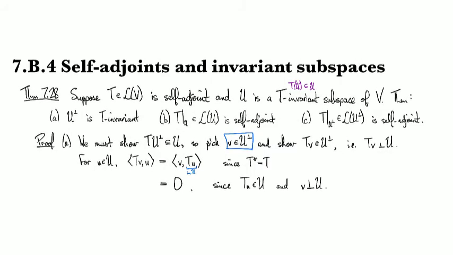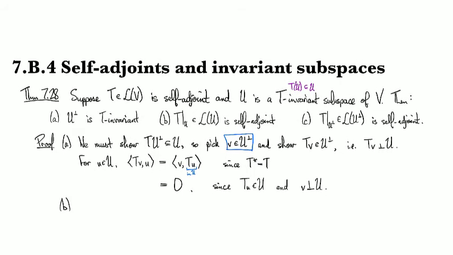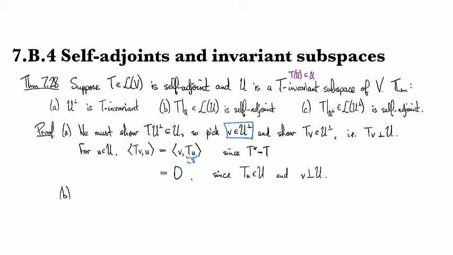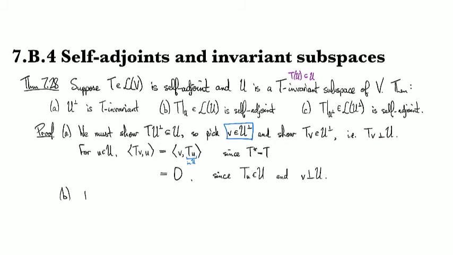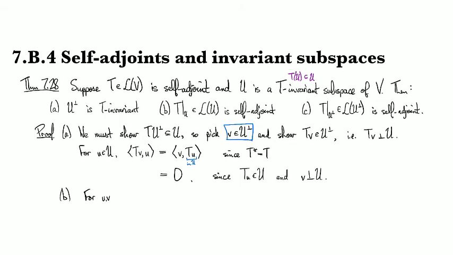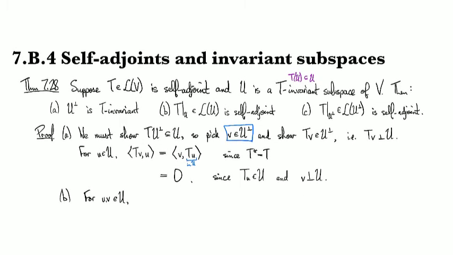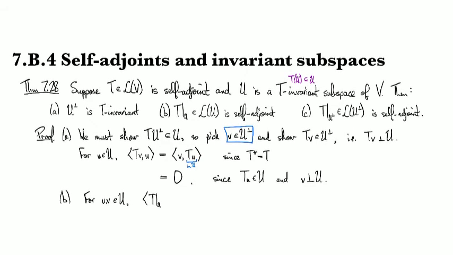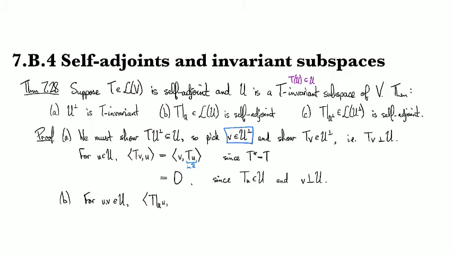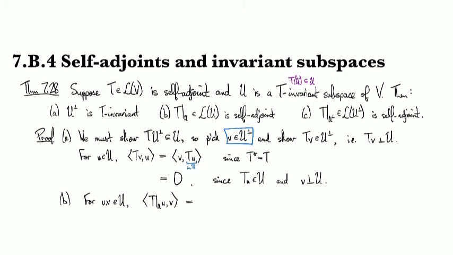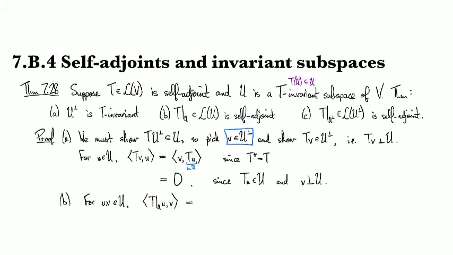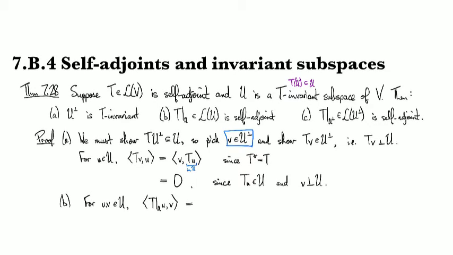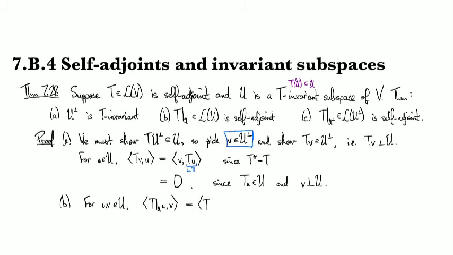All right, so what about the next part? We want to show that the restriction to U is self-adjoint. So if we take u and v from U, then throw them into the inner product with the restriction of T to U. Since these elements u and v are in U, when we apply the restriction of T to U, that's just the same thing as T itself applied to them.